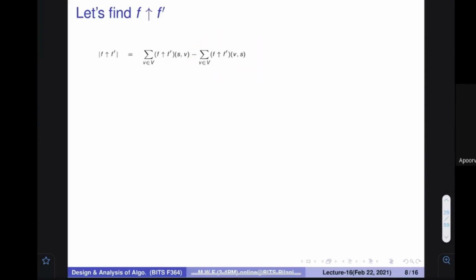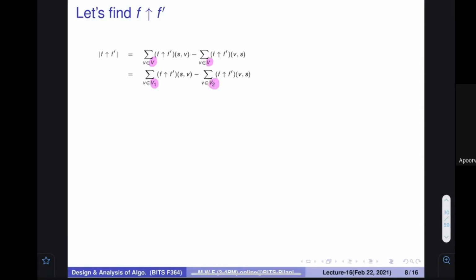So this formula is clear to everybody, because if there is any flow we are talking about, this flow can be defined by seeing how much is going from s to all the vertices and how much is coming from all other vertices to s. Here a small trick has been used: instead of V I am going to write V1, and here instead of V I am going to write V2.